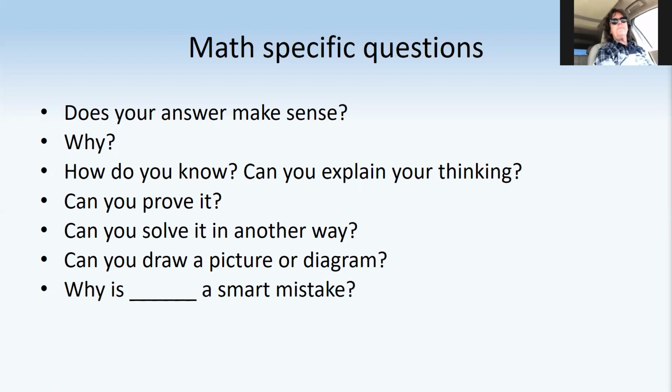I think the last bullet is actually a very high level question, because it's asking students about a typical mistake. For instance, today I was doing a number talk in second grade, and the number talk was 81 subtract 29.